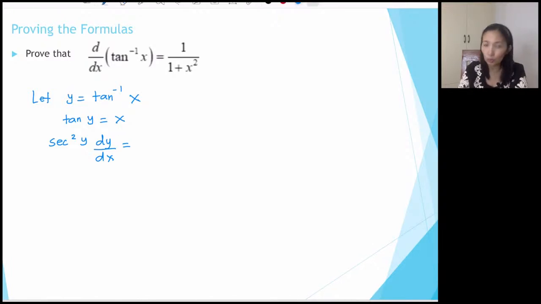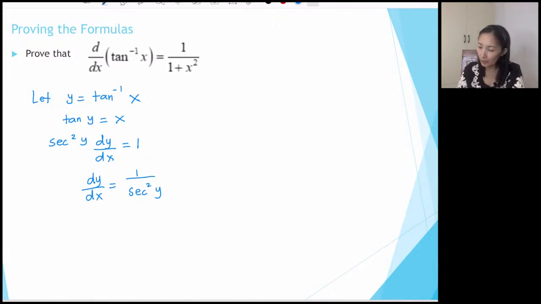Solving further for dy over dx, dy over dx is equal to 1 over secant squared y. But what is 1 over secant squared?